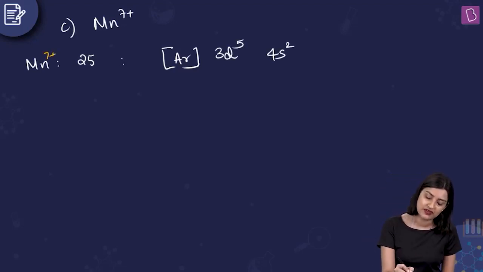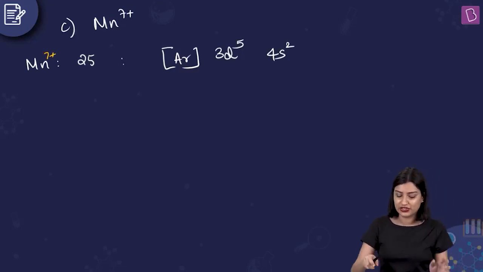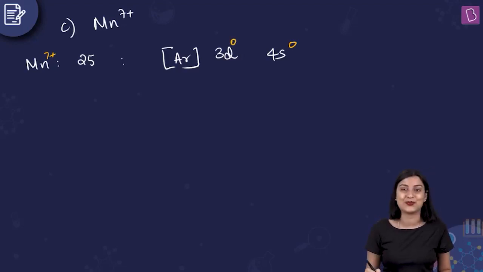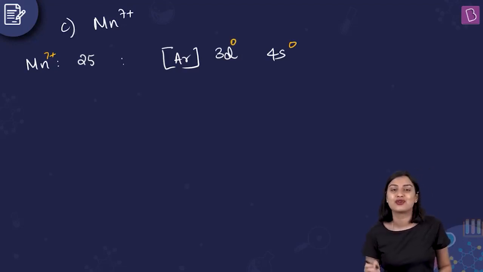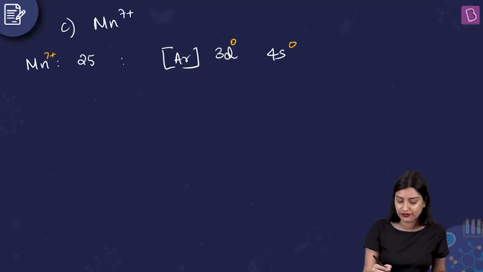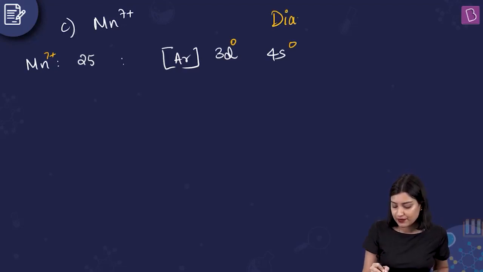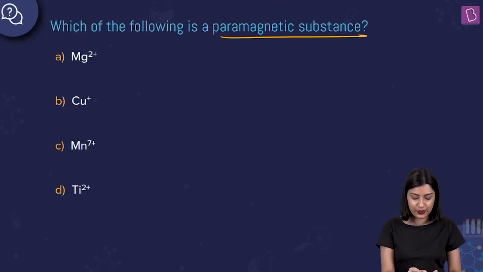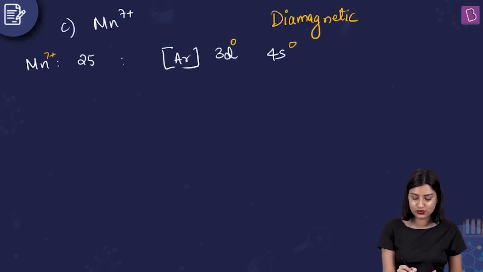Now manganese 7+ means we have to kick out 7 electrons. That is 4s0, 3d0. Again we are left with only an inert gas core. You only have your core electrons left, which means everything is paired, and this is going to be a diamagnetic species yet again.